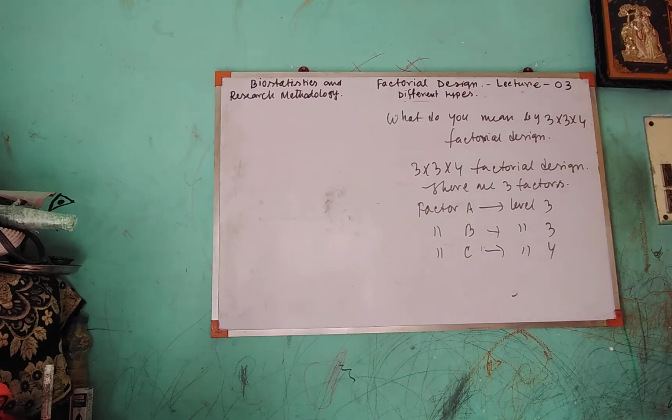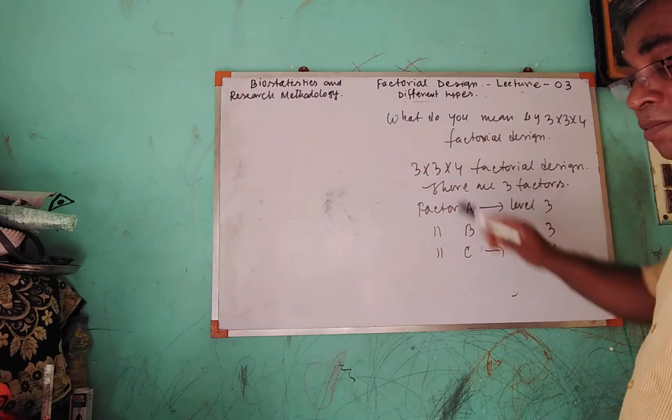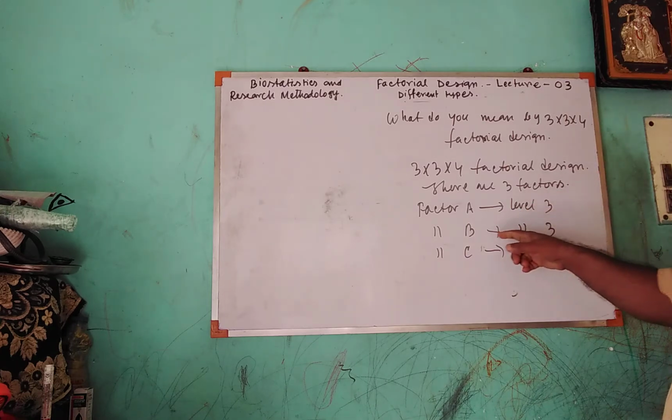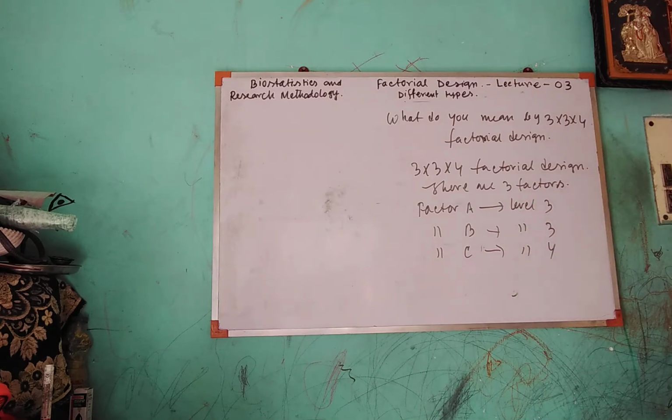So this means that there are 3 factors, factor A, factor B, and factor C. Now one thing to remember: a factorial design does not have to have just 2 independent variables.